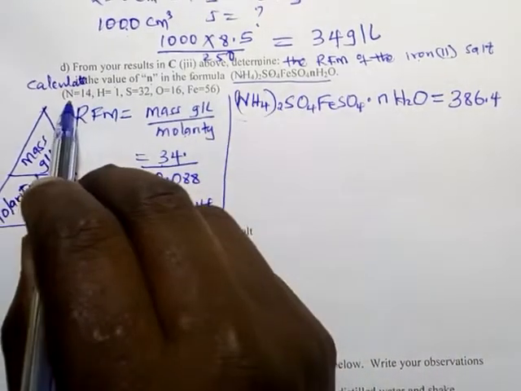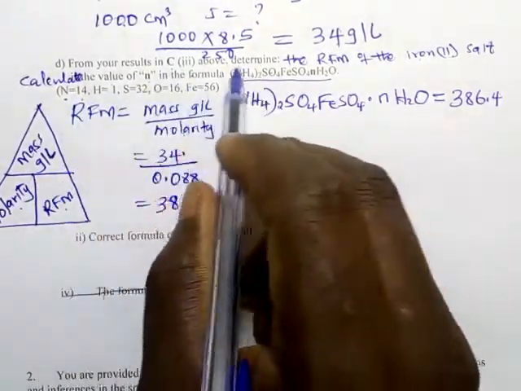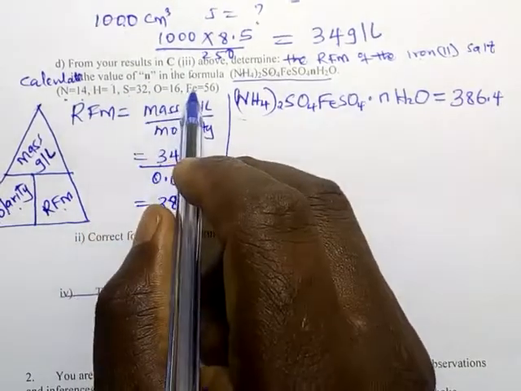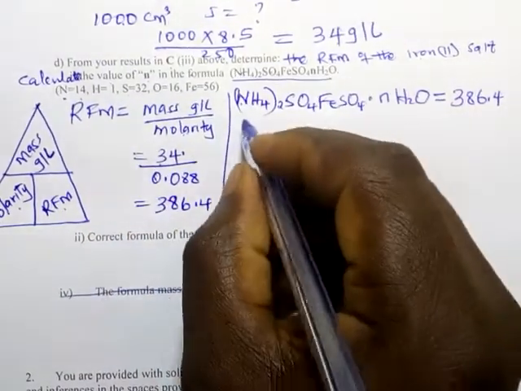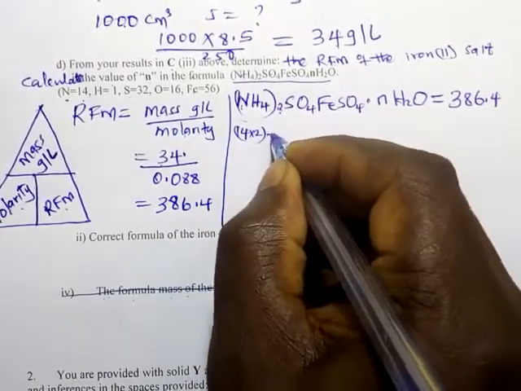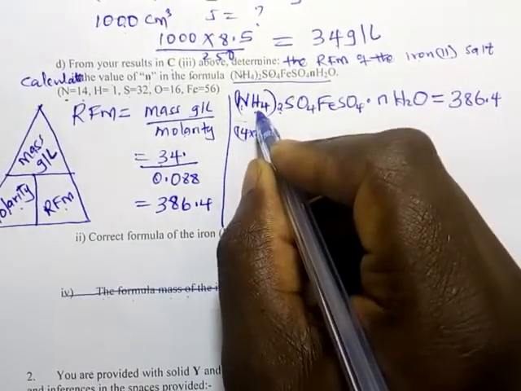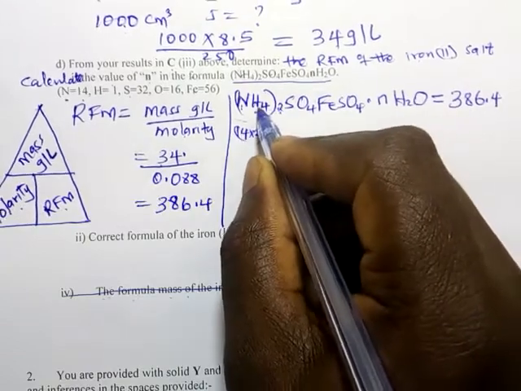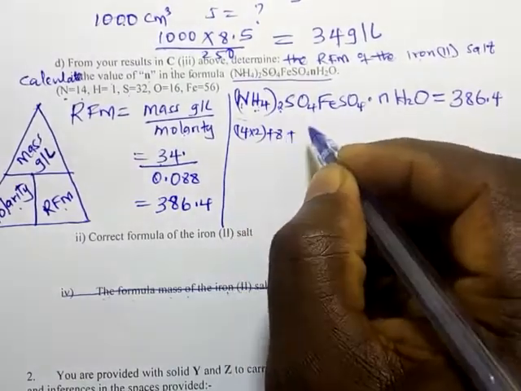We have been given N for nitrogen as 14, and we have the atomic mass of each element here. So this is 14 times 2, plus hydrogen is 4 times 2, because hydrogen is 1, that is 8.